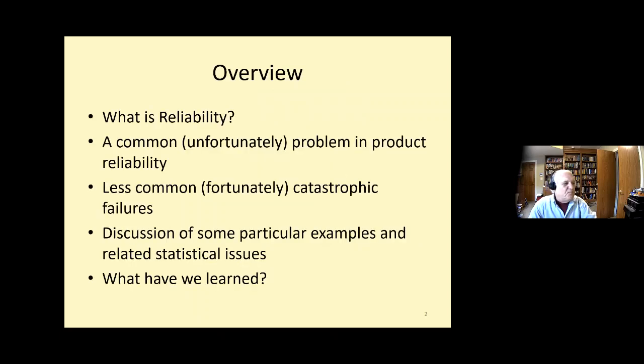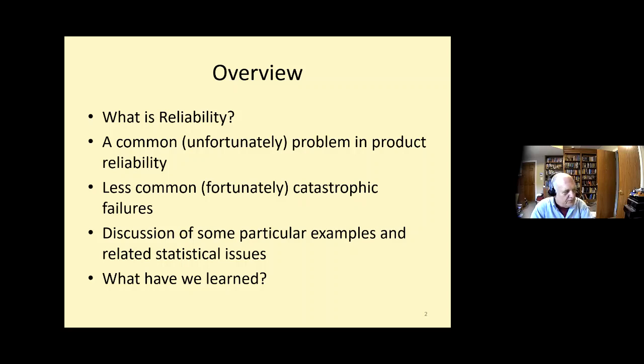So here's an overview of my talk. I'll first define reliability, and then talk about a common problem, one that I've seen arise over and over again in companies having to do with reliability problems. And then I'm going to just flash one slide that lists a whole page full of reliability catastrophes, most of which everybody knows about.